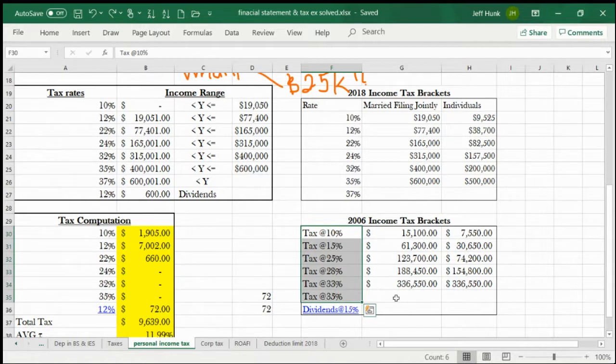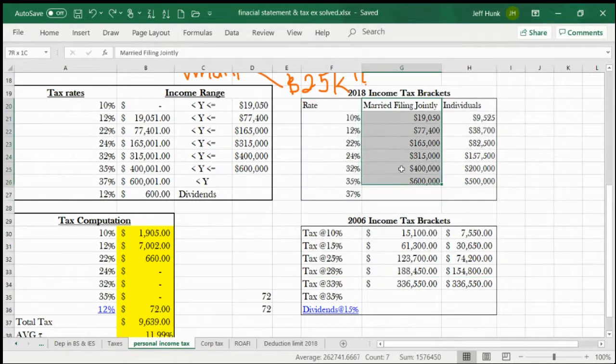Anyone making above 336K was paying, if you're married and filing taxes jointly, right?